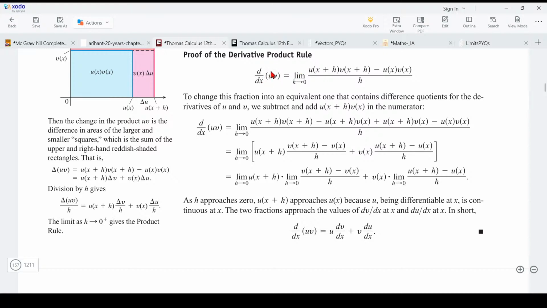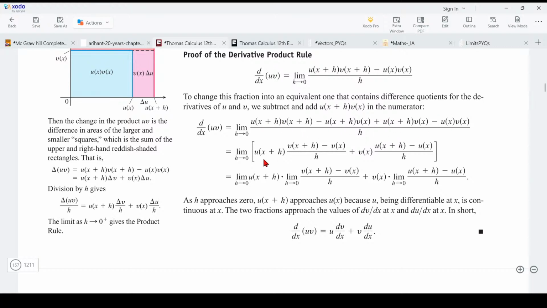uv is a separate function. What is uv of x plus h? That is f of x plus h minus f of x by h. Then we added this part and subtracted this part again. Why are we doing this? Because we want to take this one together and this one together.